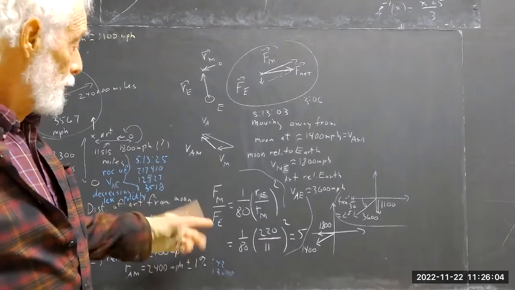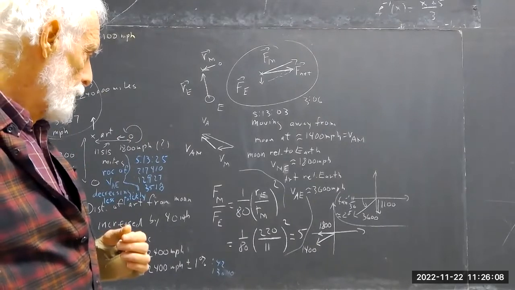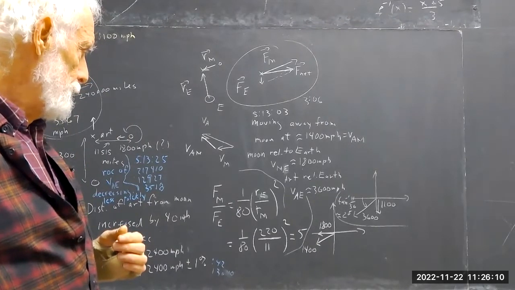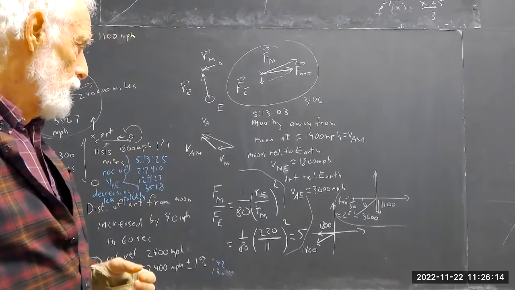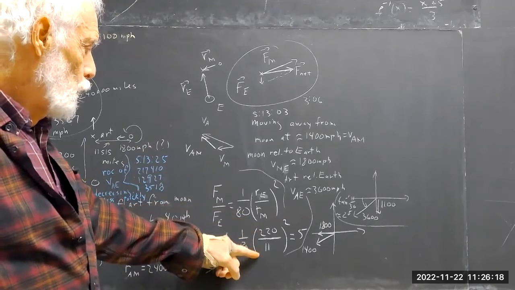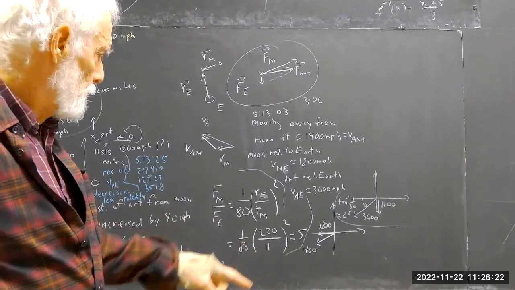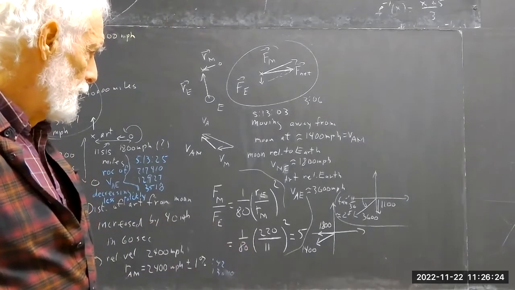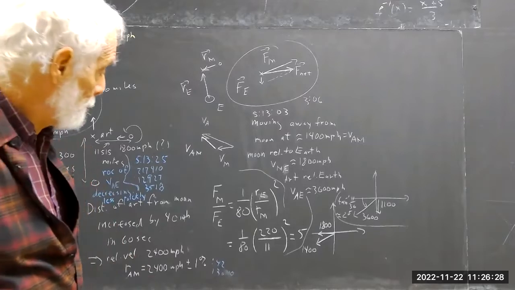Actually, I could calculate it. You're at 240 here. You're at 1 here. If you square 240, you get 60-some thousand. You divide that by 80, you get 800. Yeah, that's pretty close. About 1,000 times stronger.